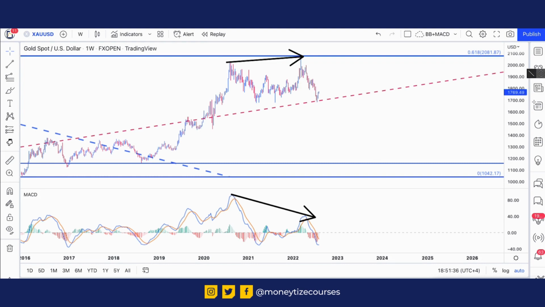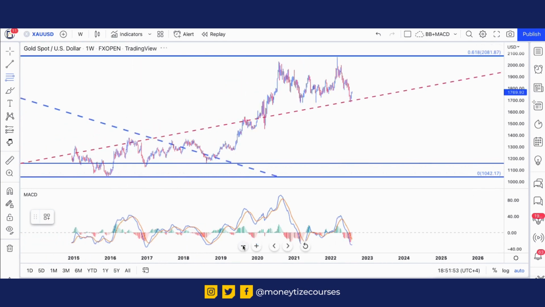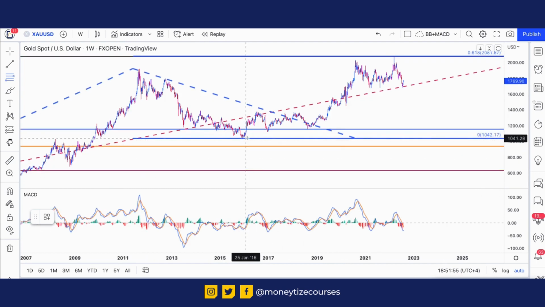And now if I'm going to check the fib retracement from this low, which was at 1154, let's do one thing. Let's take it from this level because the next cycle, bullish cycle, was started from this low.